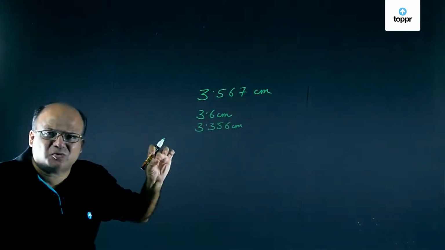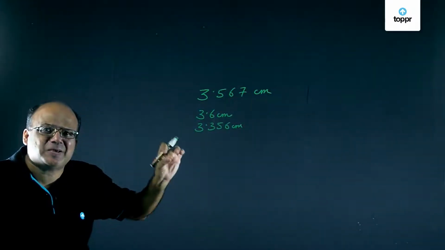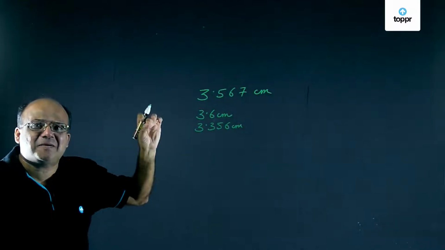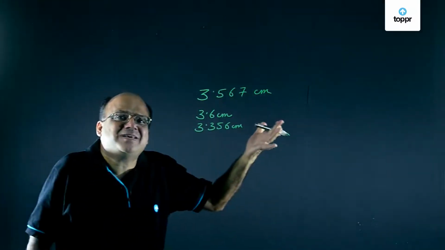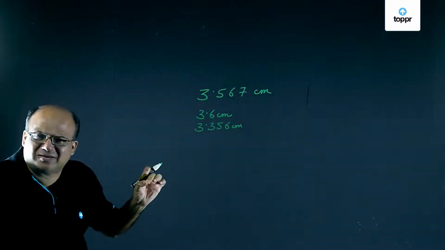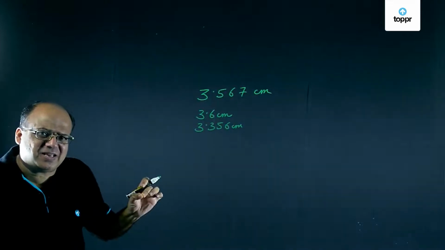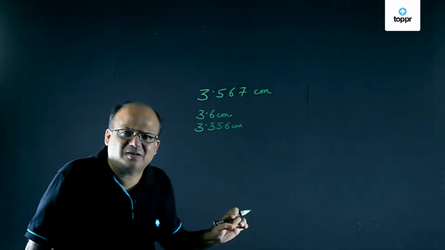What is the least count? Least count is the minimum value that can be measured accurately by an instrument. For example, for a normal meter scale, the least count is 1 millimeter. For a vernier scale, the least count typically will be 0.1 millimeter.